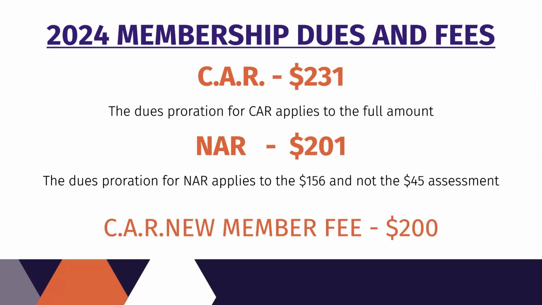And also remember, C.A.R. has increased their new member fee for 2024. And so now the new member fee is actually $200. So make sure when you're collecting dues payments and new member fees from your new members, you include the $200. You never want to have to go back and ask the member for additional money. So this is important to remember.